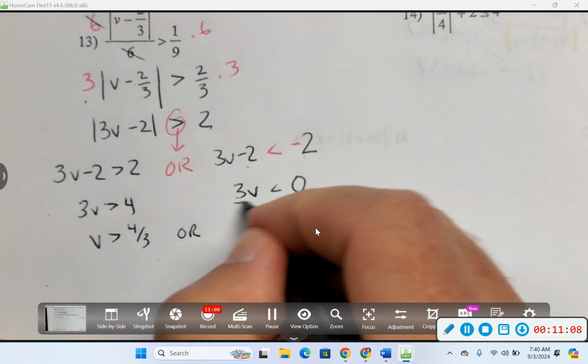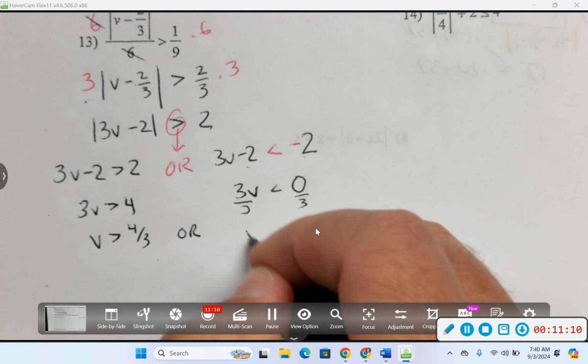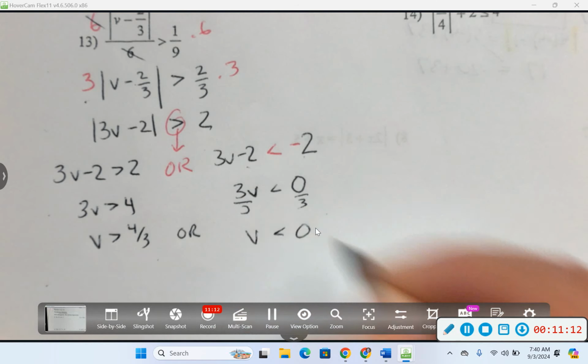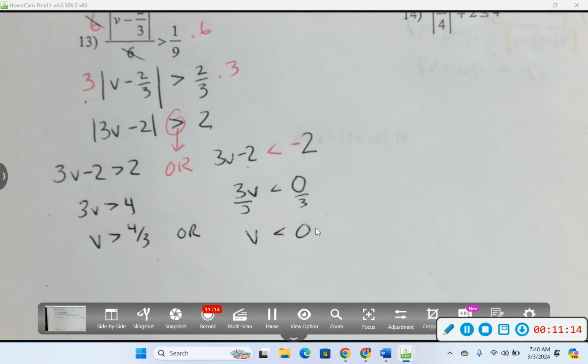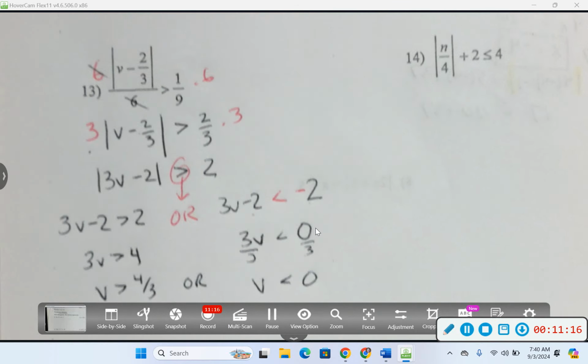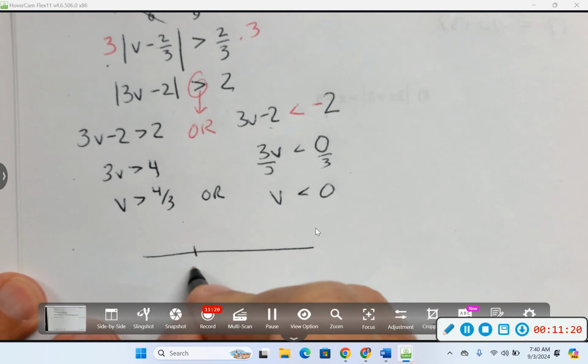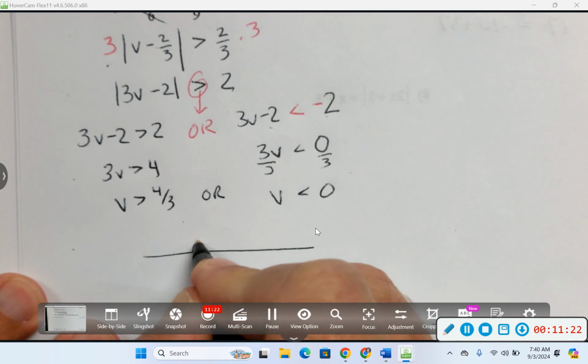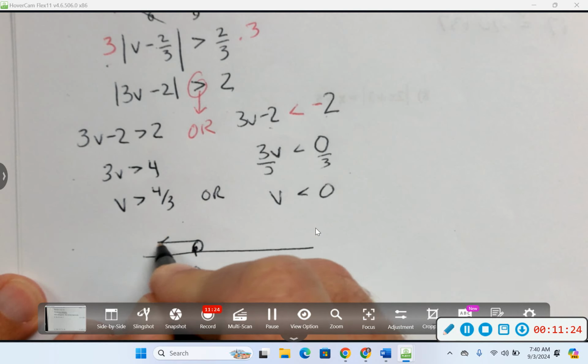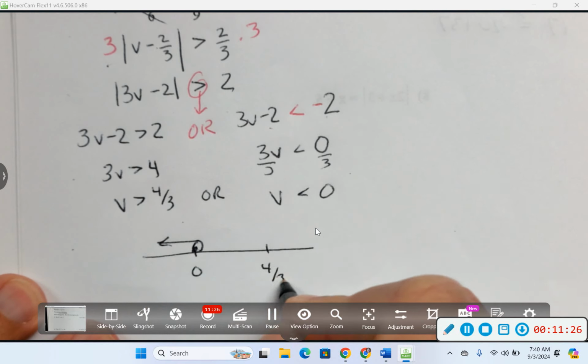Divide by 3. And what's 0 divided by 3? 0. So greater than 4/3 or less than 0. Yeah, that'll get me the arrow pointed the opposite direction. Open circle. Less than 0. Greater than 4/3.